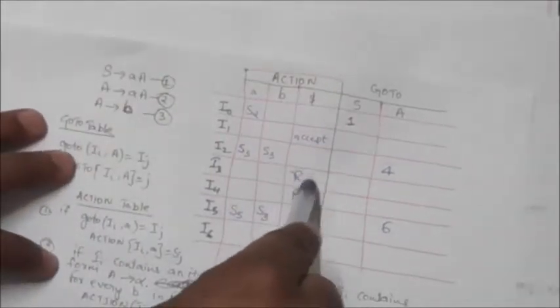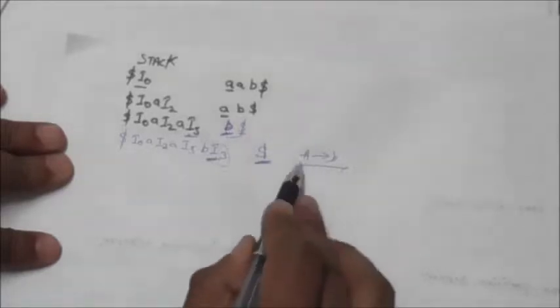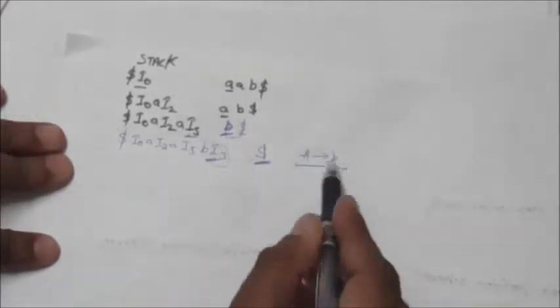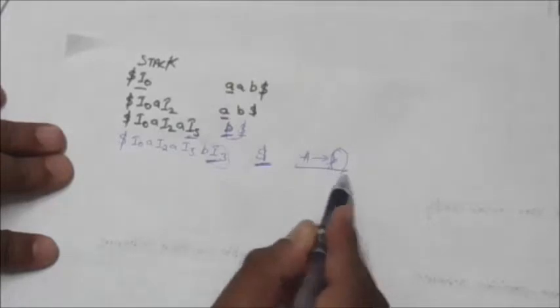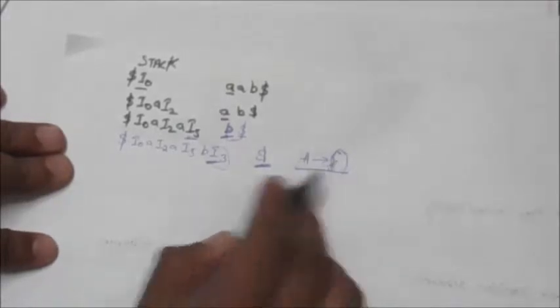It means reduction by production rule number 3, and the third production rule is A derives B. So here we need to do the reduction by production rule A derives B. At the right of this production rule there is only one symbol.